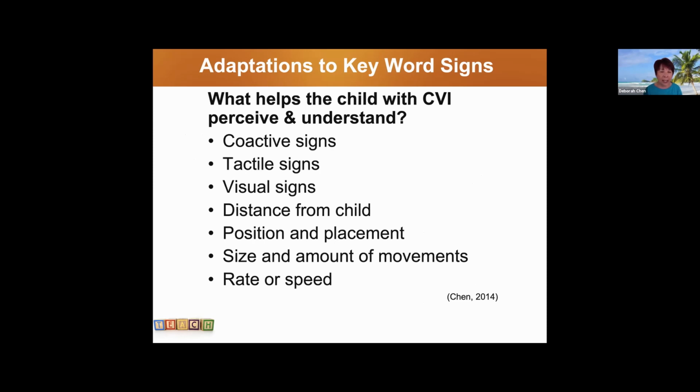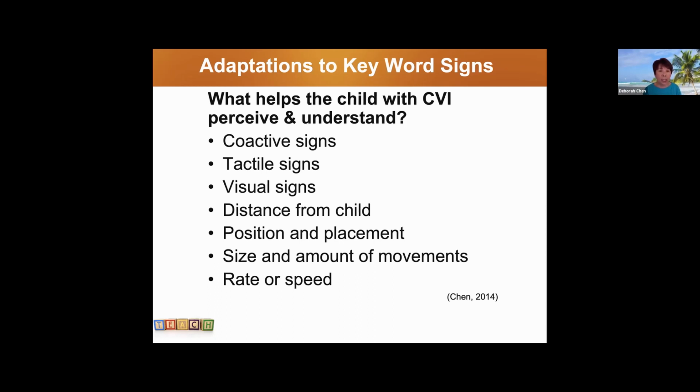That is a hand over hand approach to help the child understand how the sign is made. Do we need to use tactile signs? That is for interaction, for the child to receive a sign, hand under hand. Or does the child have sufficient vision so we can use visual signs?